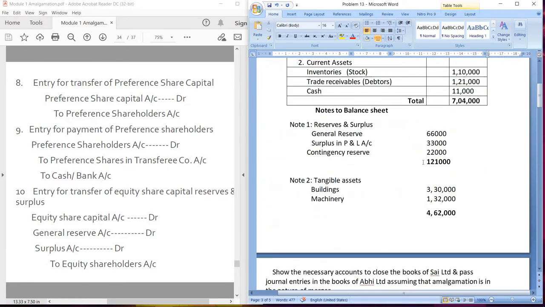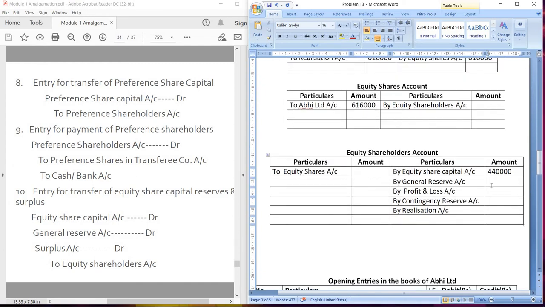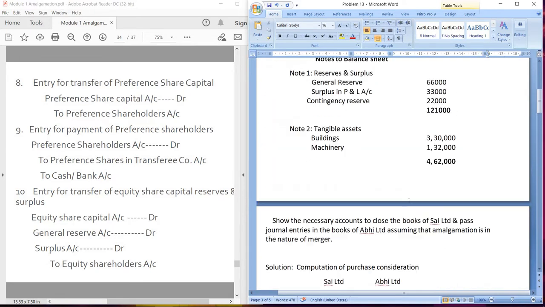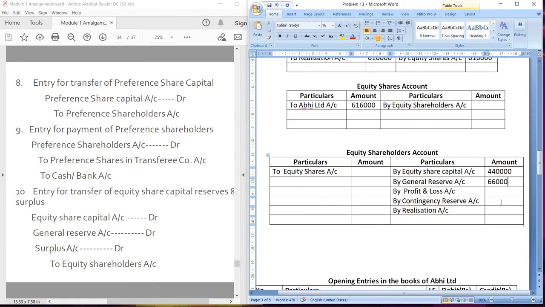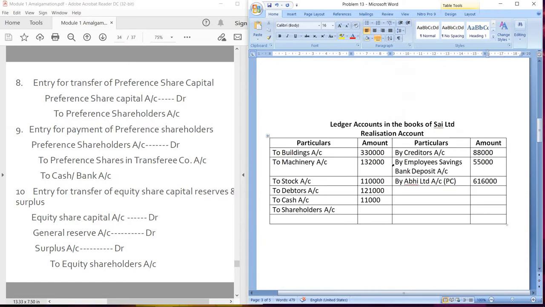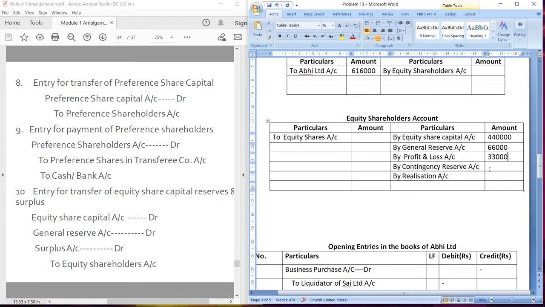So what is the reserve? It is 66,000. So let us transfer it here. Next, by profit and loss account. So even profit is given, surplus 33,000. And next is contingency reserve 22,000. So we have to transfer the share capital and the reserves and surplus that are given in the problem. So we are done with this entry.